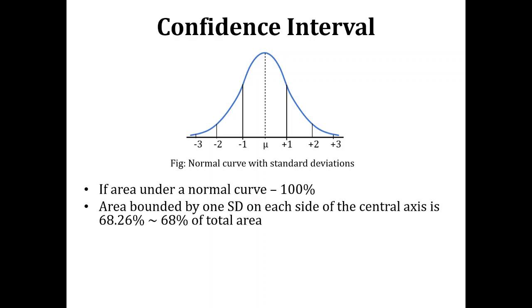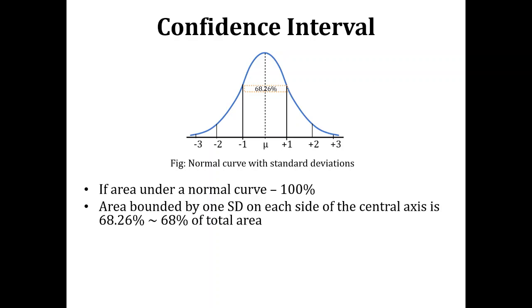So if the total area under the curve is 100%, then 68% of the area is bounded on -1 plus 1 of the central axis, right? So our central axis is our population mean, and if we go 1 unit down and 1 unit up, this area is going to be 68%.